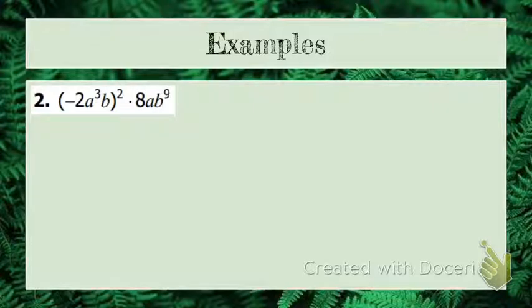So number 2 looks a little bit different. The first thing that we need to do is apply this exponent to everything inside of here. And so when we square something, that means that we multiply it by itself twice. So I'm going to write it twice.